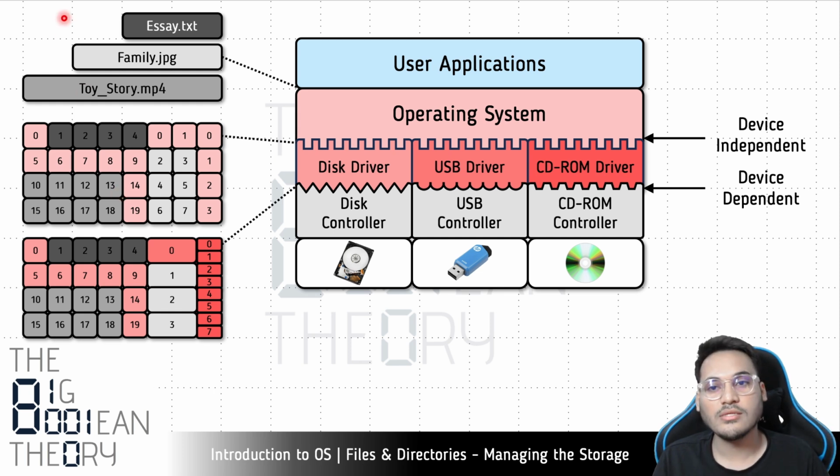You as a user can just provide the full path to the file, which is English-readable text. Once you provide the path or the name of the file, the operating system figures out where the file was stored and what the block addresses for that file are, and now you can easily read or write your data. So this is how the abstraction of persistent storage looks. It's a file, and it makes the usage of storage devices very easy for the user.